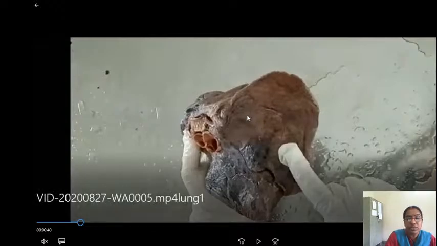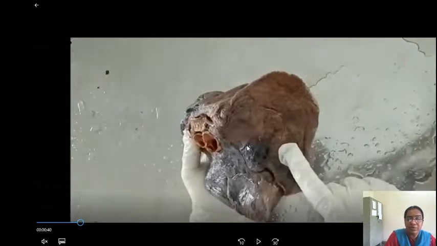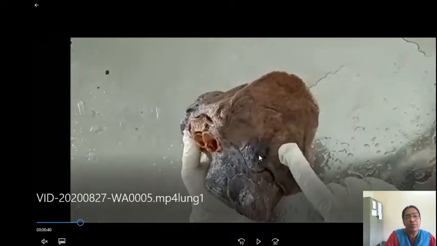The base, which is concave, first lies on top of the diaphragm. If it is the right lung, it lies on the right dome of the diaphragm. Beneath the right dome of the diaphragm is the liver, so it is related to the right lobe of the liver.